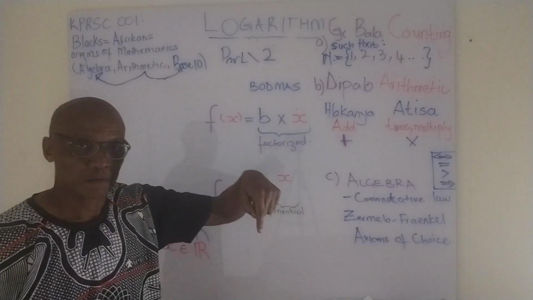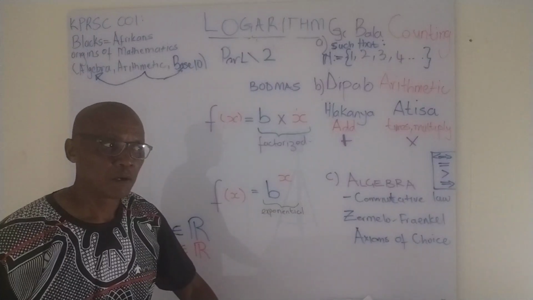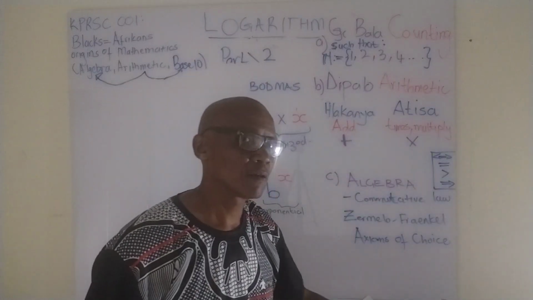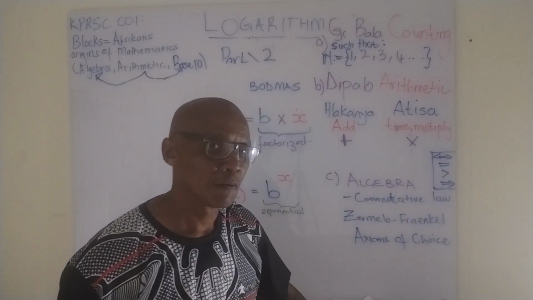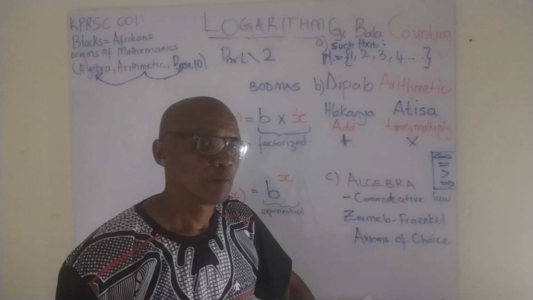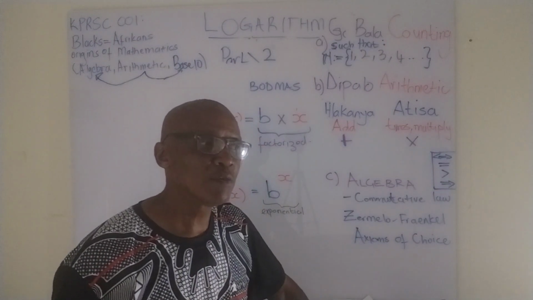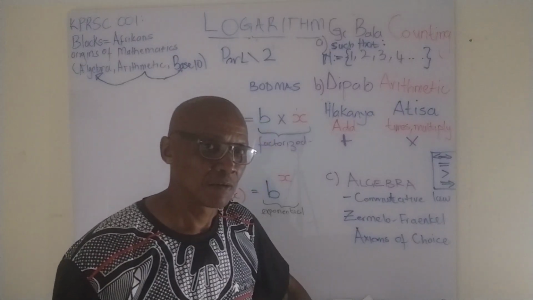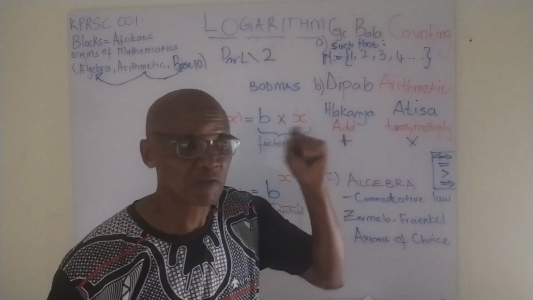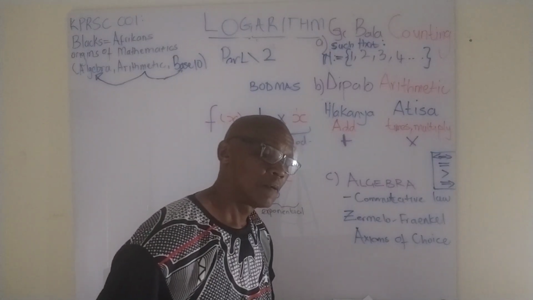The operator tells me I must perform an operation. But that operation is going to come with an answer. It's going to come with another number. By virtue of the operator, 2 plus 3 is 5. Not because of the equal sign, because of the plus. Okay?